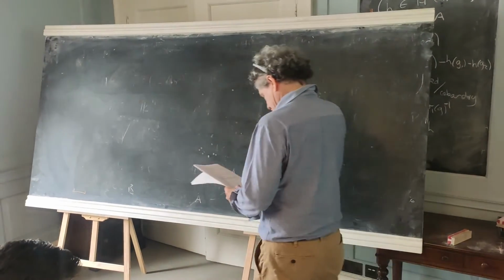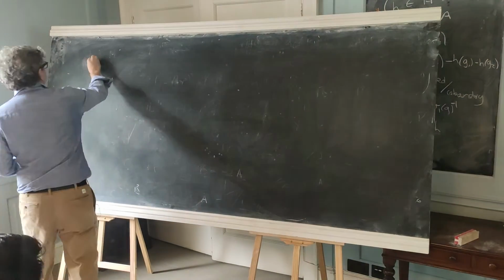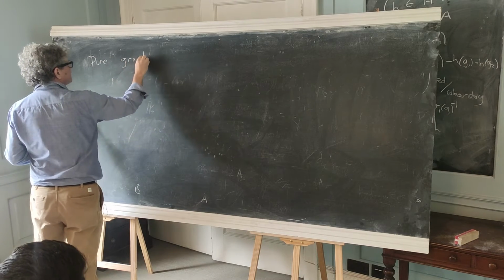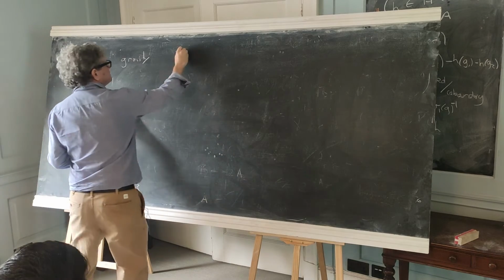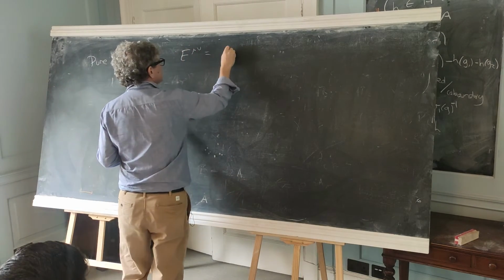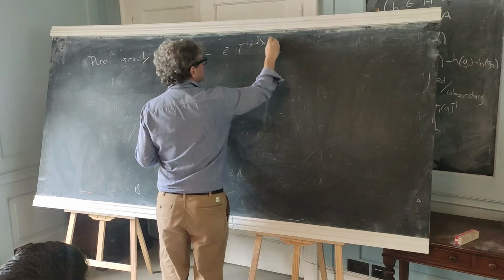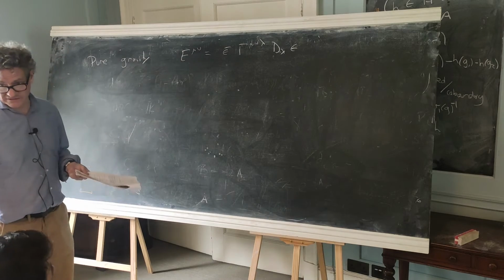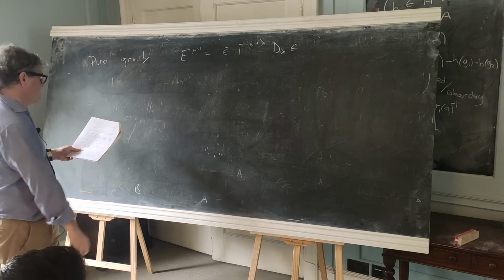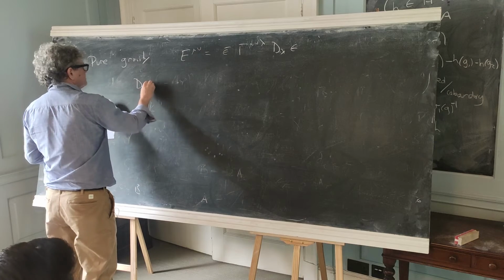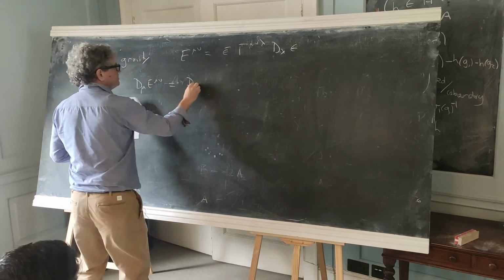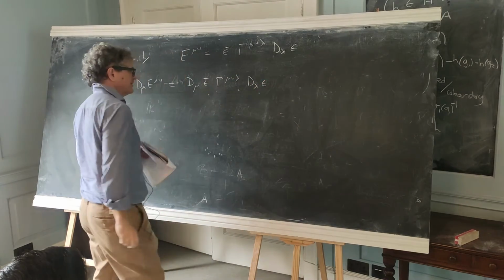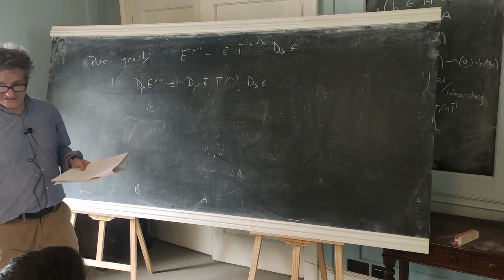So how does it work in pure gravity? This is part of that calculation. E_μν is epsilon-bar γ_μνλ D_λ epsilon. Right? Because that's all δψ is. D^μ E_μν is D^μ epsilon-bar γ_μνλ D_λ epsilon. That's looking good. That's what we want.